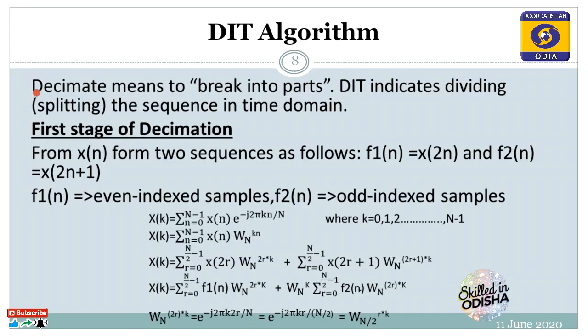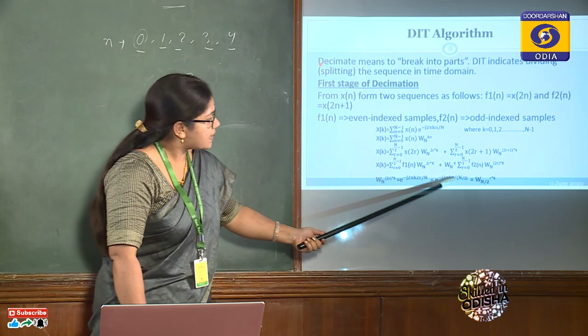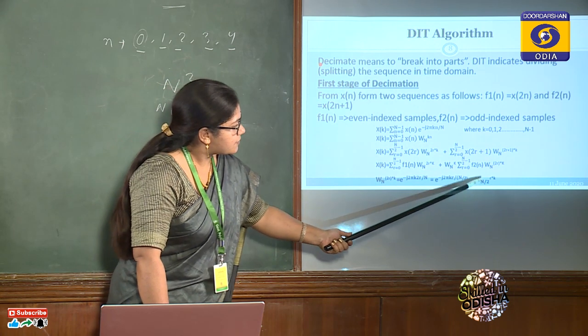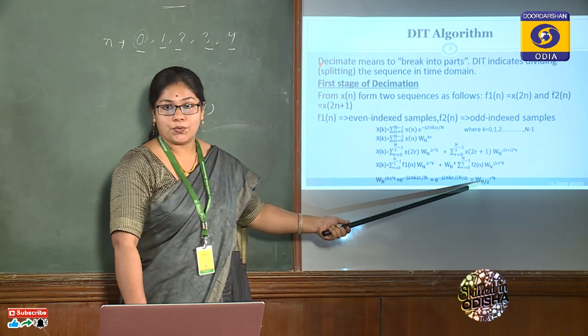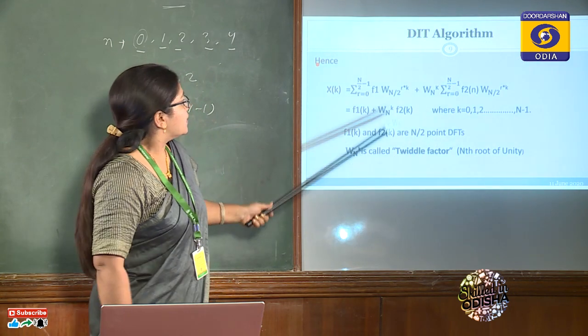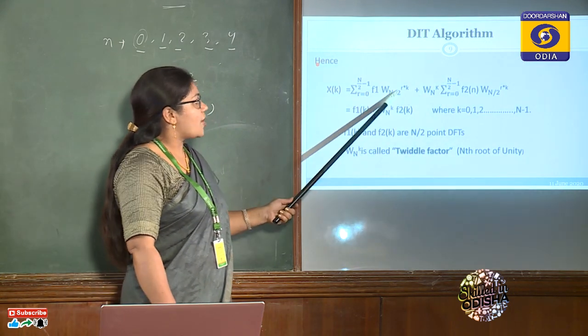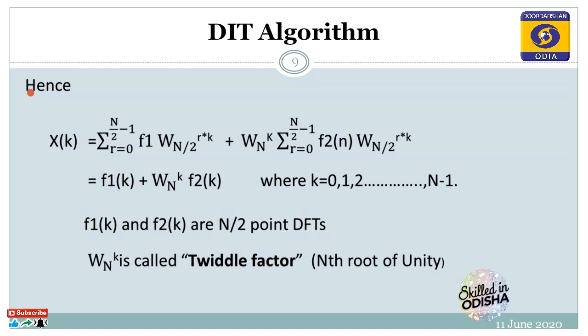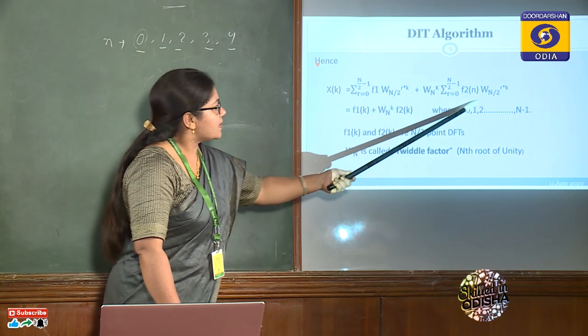Here it is just a simplification of the original formula. Now this 2 can be taken to the denominator, so this factor becomes N by 2. This is a very important conclusion we got. Since we got W_(N/2), we replaced all the W_N with W_(N/2).